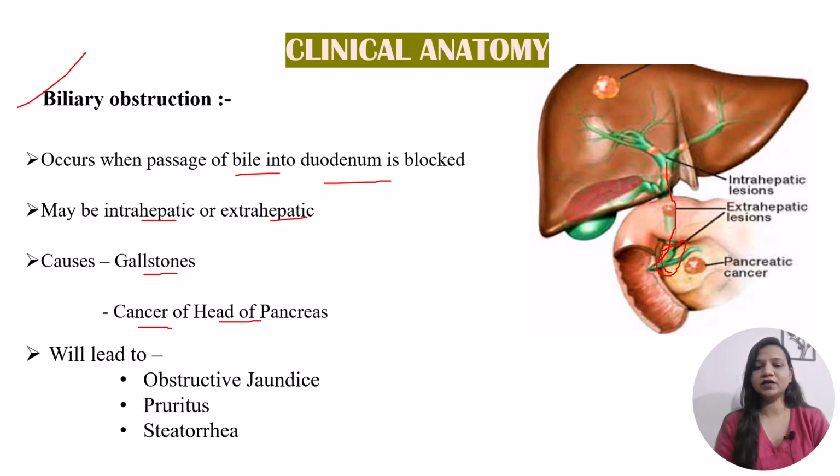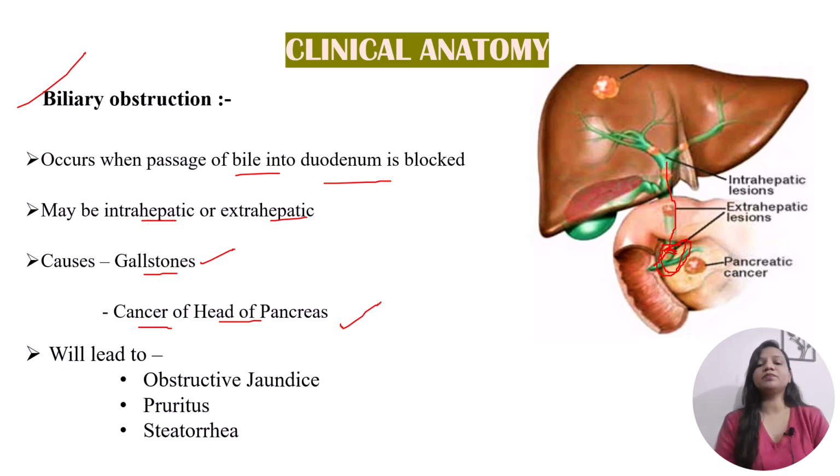If there is a carcinoma of this head, there will be compression of the bile duct. This bile duct is compressed, which will lead to obstruction and create a biliary obstruction. So these are the possible causes: the first one is gallstone and the second one is cancer of the head of pancreas.